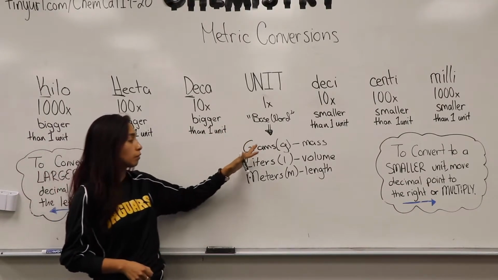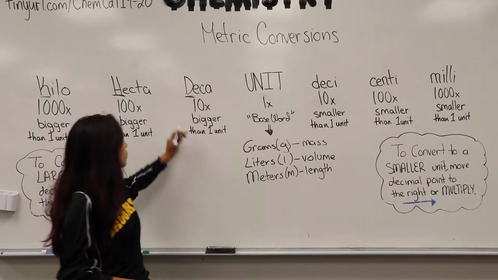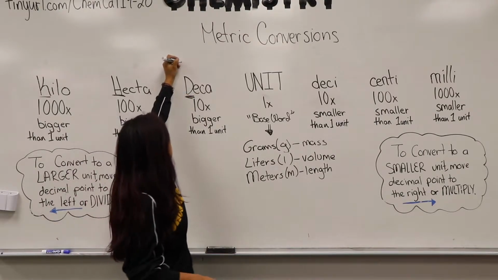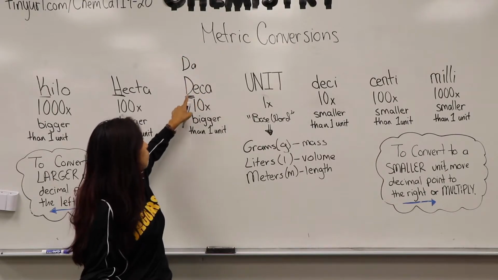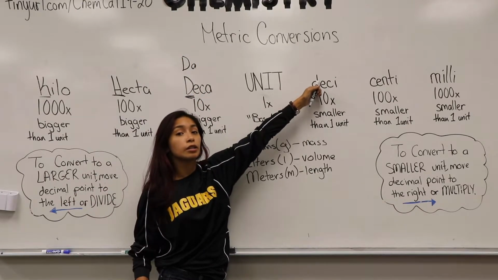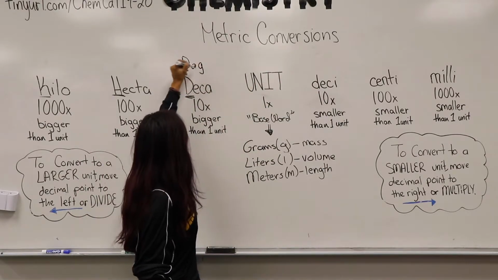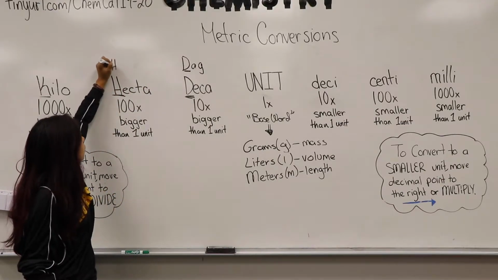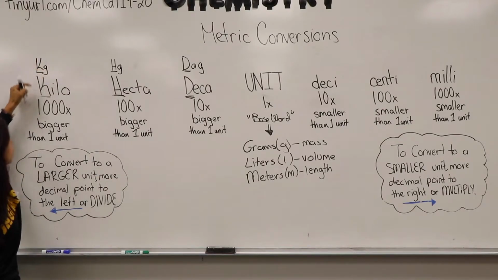So here you only have grams, the G, but when you go to deca, you actually have to get the first letter, so capital D, A, because there's another word with D. So deca, D-A-G. For hecto will be H-G, kilo, K-G, first letter.